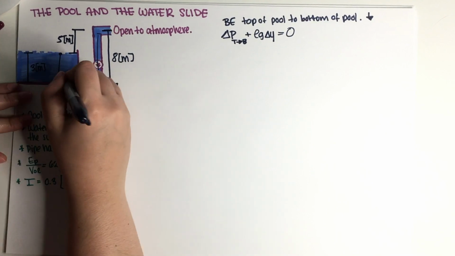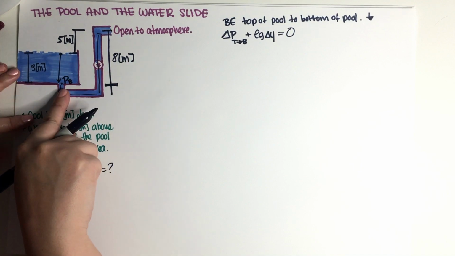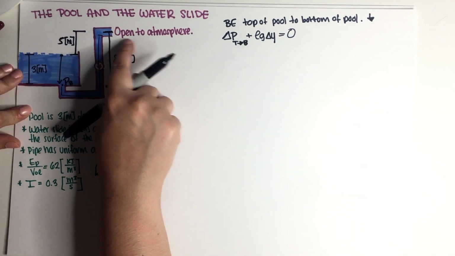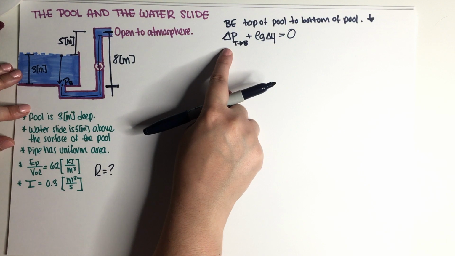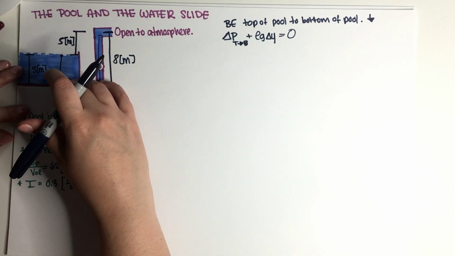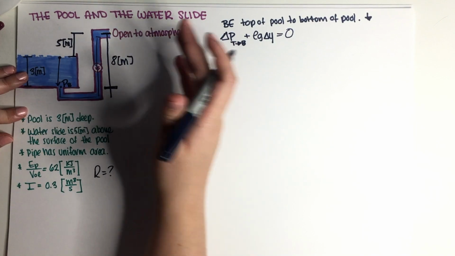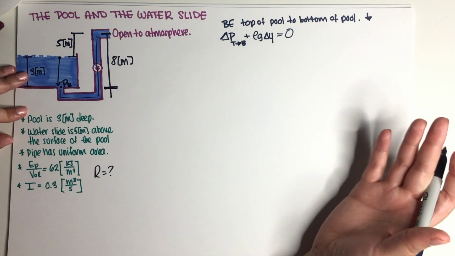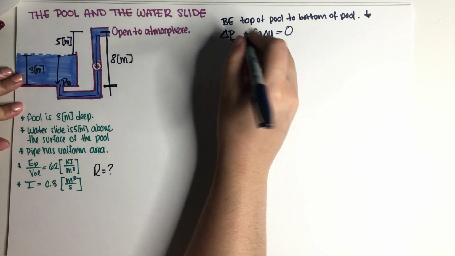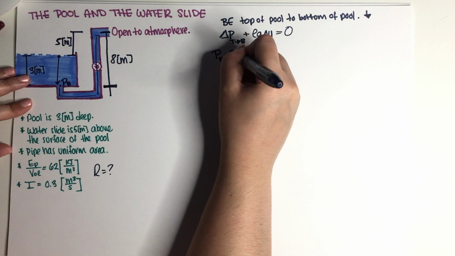Now, this pressure I'm gonna call P_B, as in bottom of the pool. But obviously over here at the top, this is open to the atmosphere, because it's a pool, and pools are always open to the atmosphere since people swim in them. So if I go from top to bottom, this is P at the bottom minus atmospheric pressure.